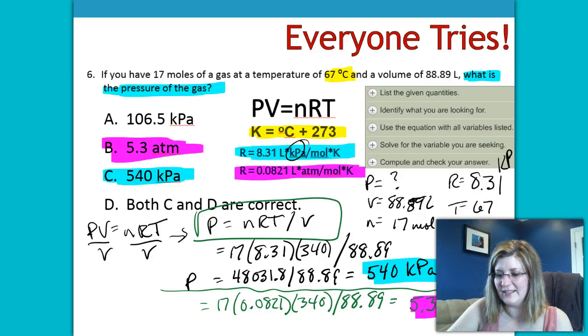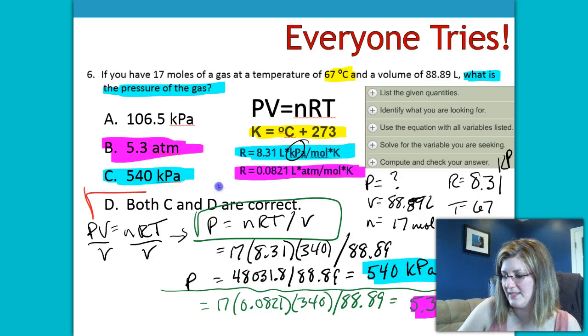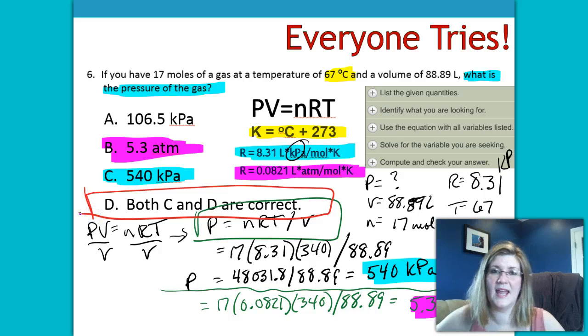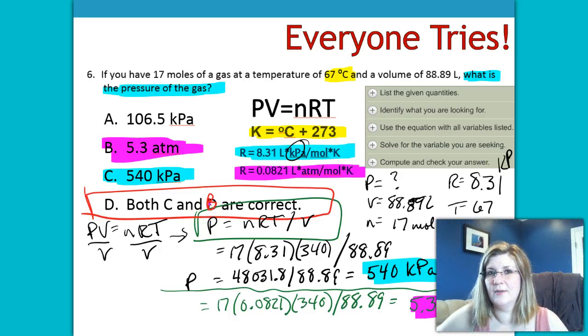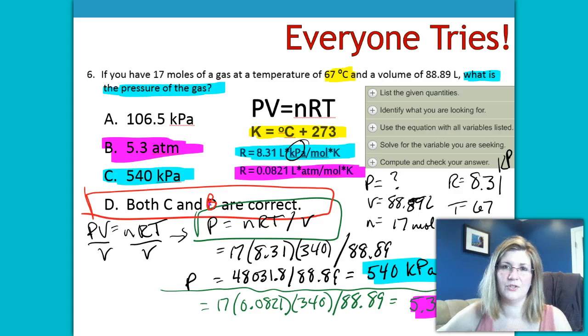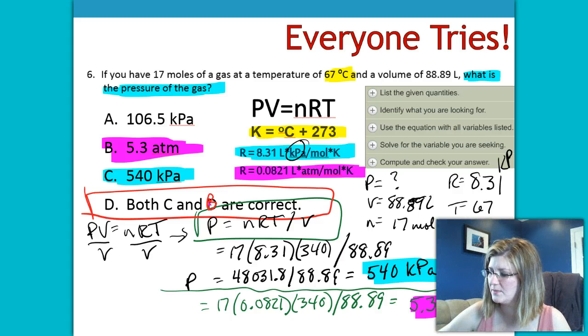So really the true answer to this problem is D. Both C and, that should say B. Both C and B are correct. Because when you're not given pressure, whenever you're solving for pressure, you can solve it any one of two ways. And I'm not sure you'll see a situation like that on a quiz or a test, but I did want to introduce it as a possibility.